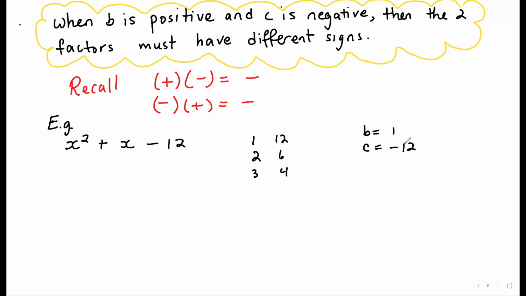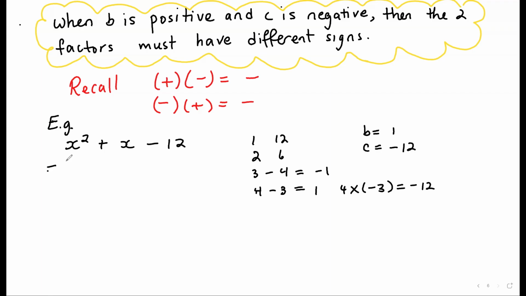It wouldn't be 3 take away 4, because that is negative 1, and we need positive 1. However, 4 take away 3 is positive 1 and 4 times negative 3 is negative 12. So the factors would have to be positive 4, negative 3.